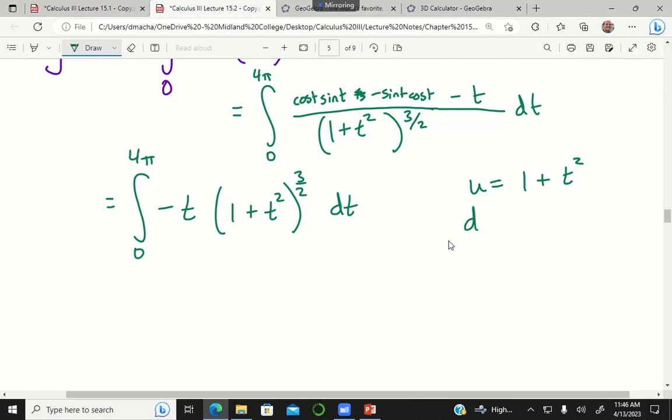And so that means du is equal to 2t dt. So where I have t dt, I can just make it du over 2 and make this negative half integral of u to the 3/2 power.